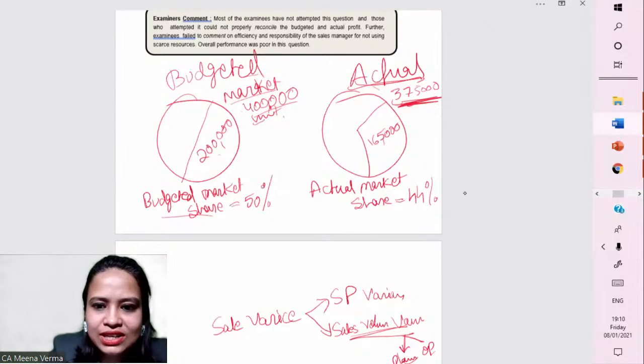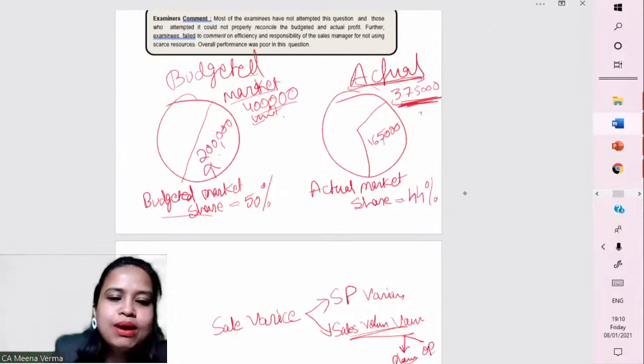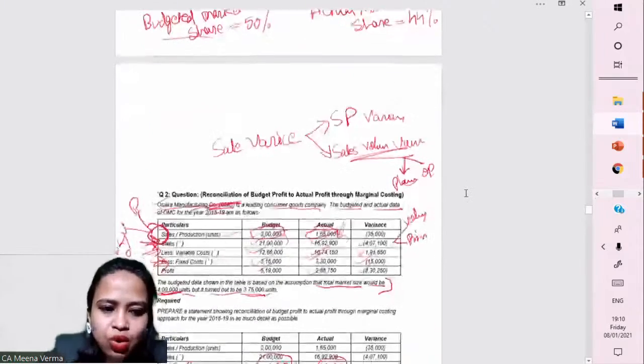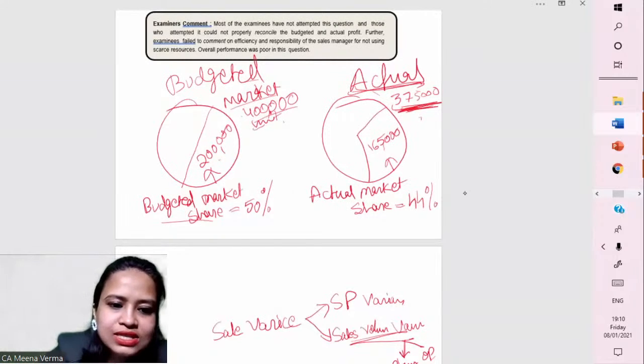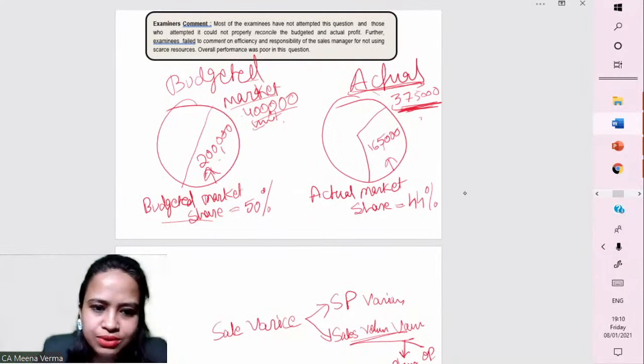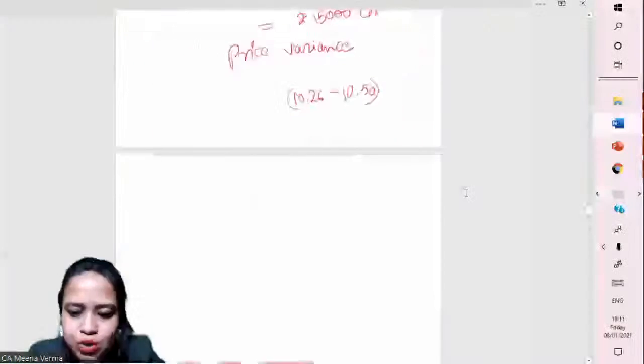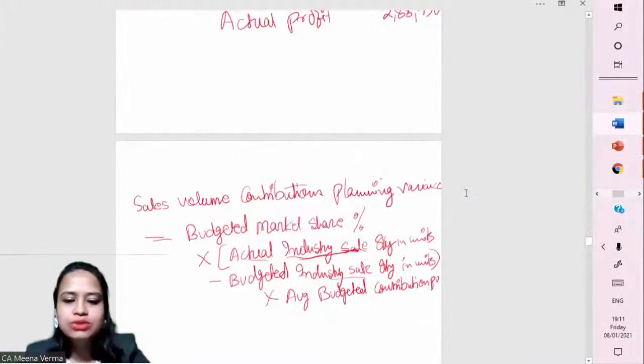This is the budgeted industry sale, this is the actual industry sale. And out of them, this is the sale of this company, Osaka Manufacturing Company. This is the actual sale of Osaka company, this is the budgeted sale of Osaka company. I hope you understand the meaning of these terminologies.